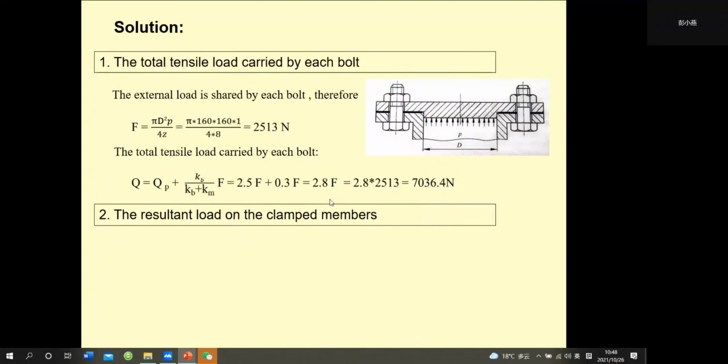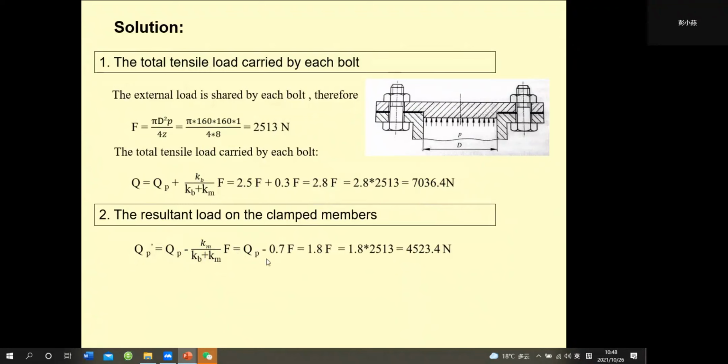And then we calculate the resultant load on the clamped members. We use this. The resultant load is the preload minus this times F. So this is not the relative stiffness, it's one minus the relative stiffness.